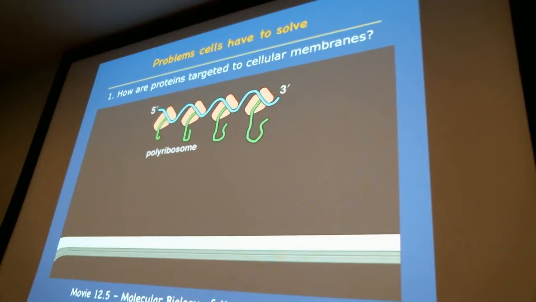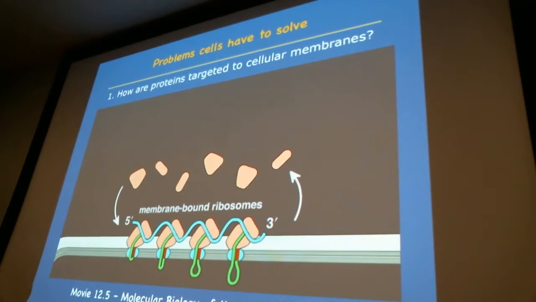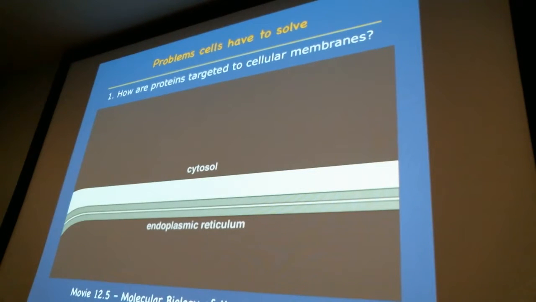There are two separate populations of polyribosomes in the cytosol that share the same pool of ribosomal subunits. Free ribosomes are unattached to any membrane. Membrane-bound ribosomes become riveted to the ER membrane and translate proteins that are translocated into the ER. These membrane-bound ribosomes coat the surface of the ER, creating regions called rough endoplasmic reticulum. Two kinds of proteins are moved from the cytosol to the ER.